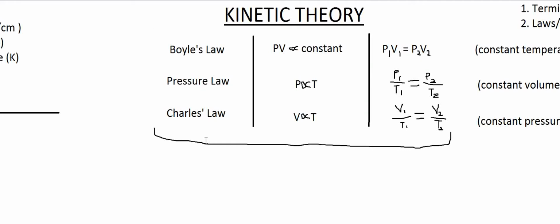So okay, PV is directly proportional to T. And P1V1 over T1 equals P2V2 over T2.